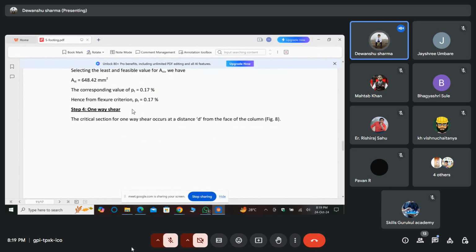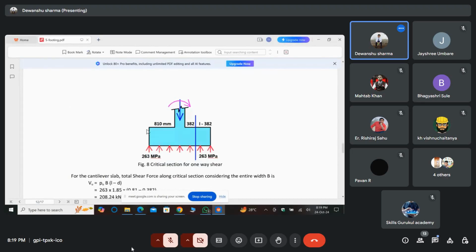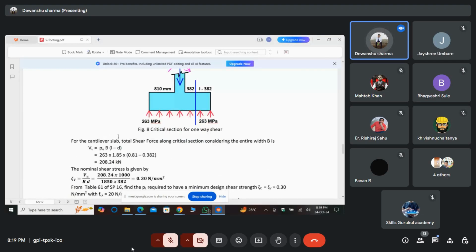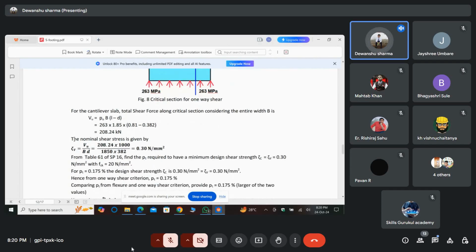Next step is one-way shear. So for cantilever slab, total shear force along critical section, consider the entire width. So formula is Vu is equal to Pu into B minus d, 263 into 1.85 into 0.81 minus this. Again the nominal shear stress is tau v is equal to Vu upon bd.